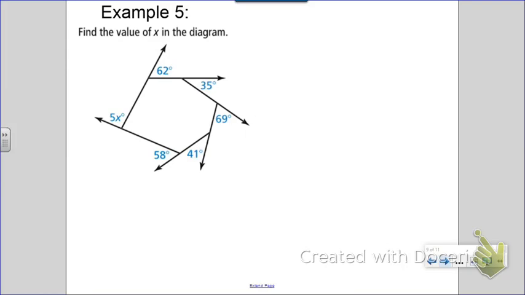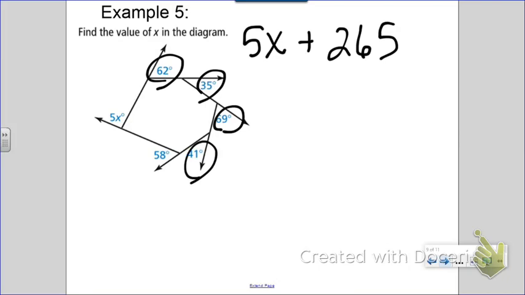In our next example, the exterior angles have to add up to a sum of 360 degrees. So if we add all of our angles together and figure out what all of the exterior angles equal so far, we have 5x plus 265 for all of these angles added together, and that has to equal 360.